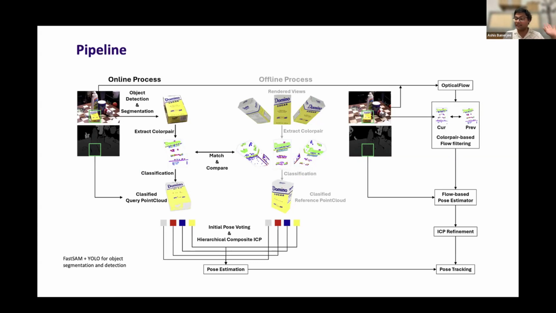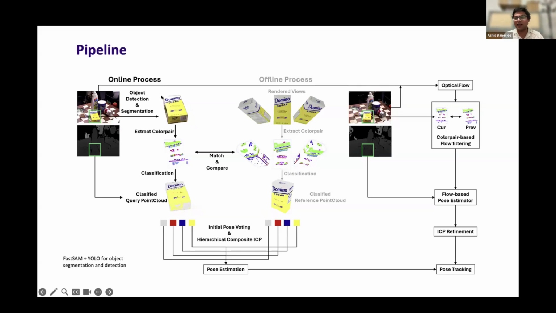But it again has the same restriction as earlier, that we assume that we know the overall object categories and we have access to the mesh files or CAD models of these objects. So we again render these objects from a bunch of different views. You will see that more in a subsequent slide. And for all of these different views, for all of these objects, we do this color pair extraction using those triangle-based features that I talked about.